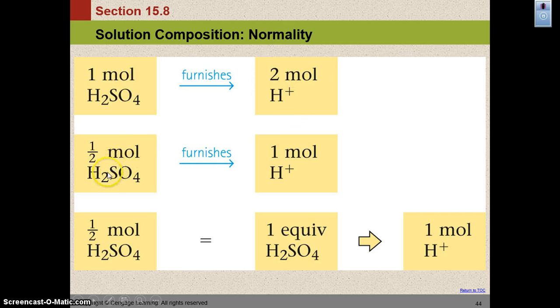A half a mole of H2SO4 is going to give us 1 mole of hydrogen ions. So a half a mole of H2SO4 is what's going to give us an equivalent of H2SO4. What's going to furnish us a mole of hydrogen ions? A half a mole of H2SO4. And that should make sense based on the number of hydrogen ions per molecule that are dissociated into solution.